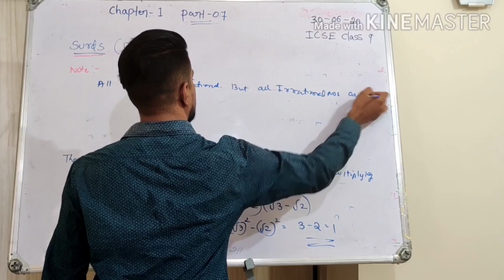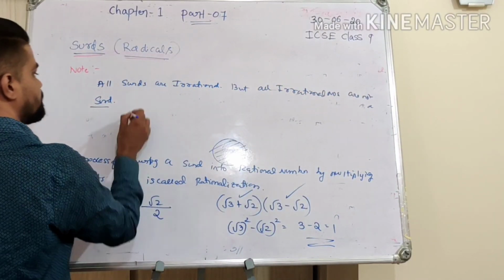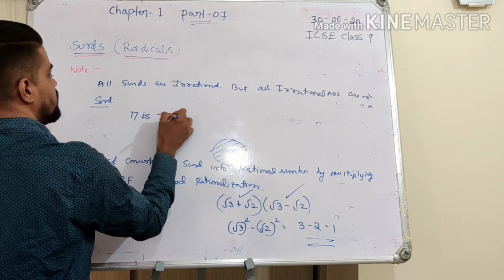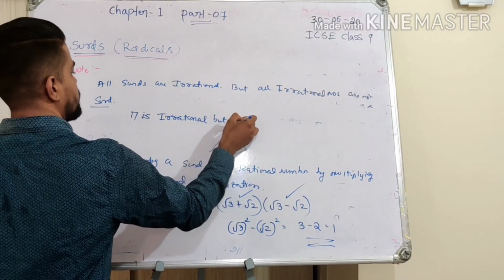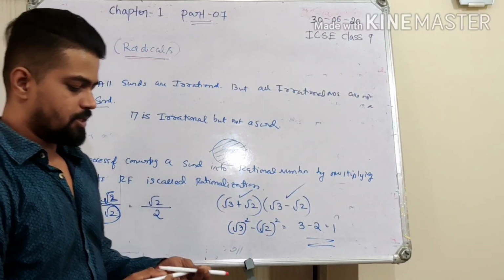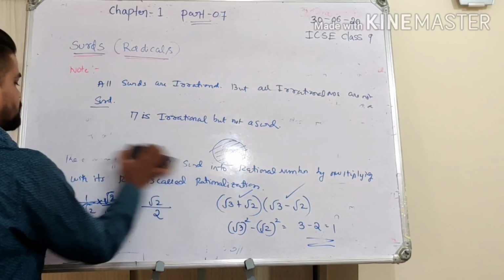Can you give any example which is irrational but not a surd? So there is a number pi, right? So pi is irrational but not a surd. That is why all the surds are irrational but not vice versa. The converse of that is not true.